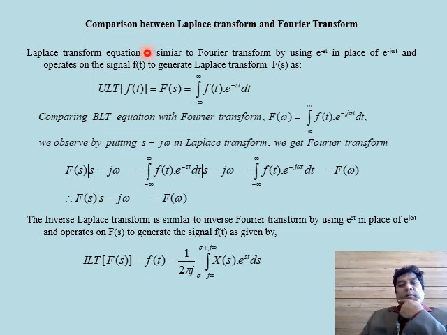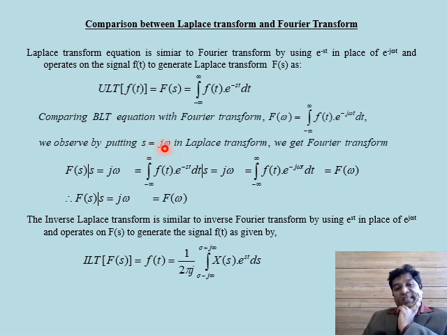Now finally we compare the Laplace transform and the Fourier transform. We have seen that the Laplace transform equation F(s) is the integral of f(t) e^(-st) dt. The Fourier transform equation F(omega) is the integral of f(t) e^(-j omega t) dt.